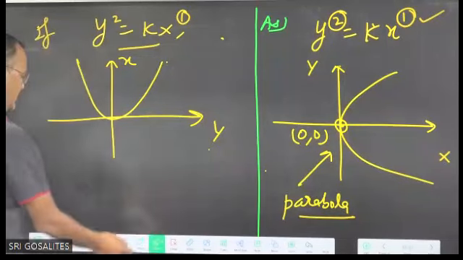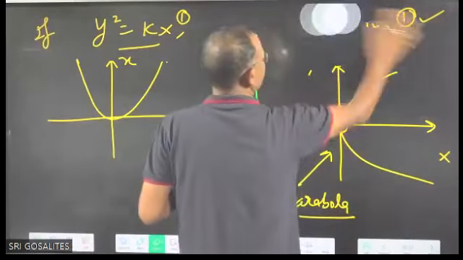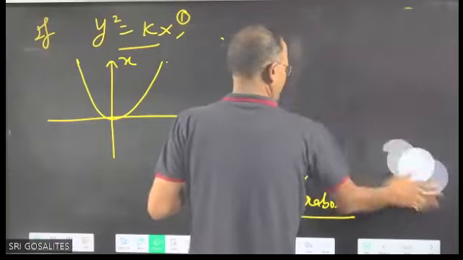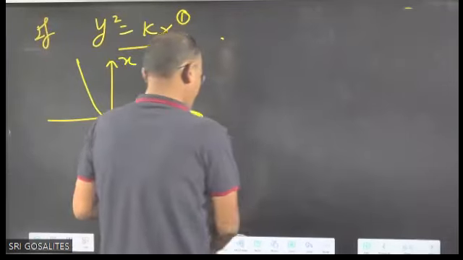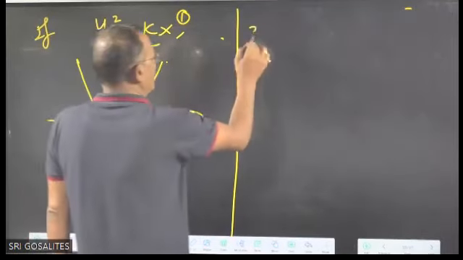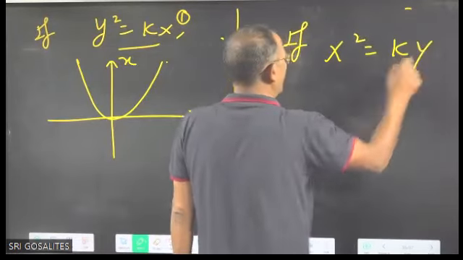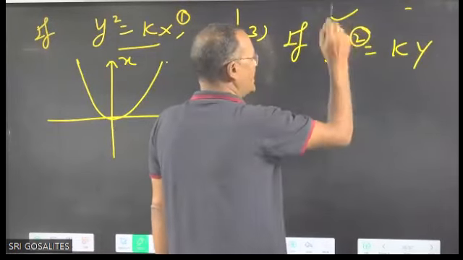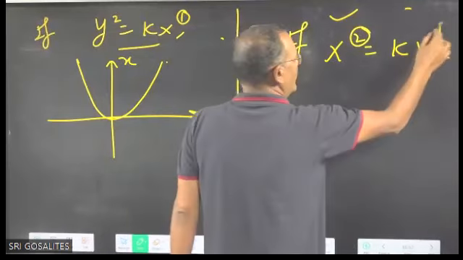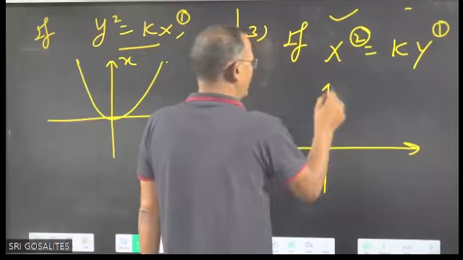Okay, right. So one more we will take. If x square is equals to ky, this is the function. x का पावर क्या है 2, y की पावर क्या है 1. On traditional axis we want to plot it.